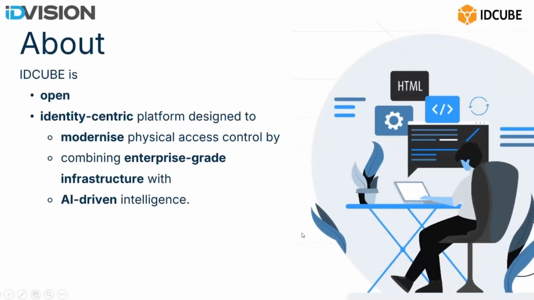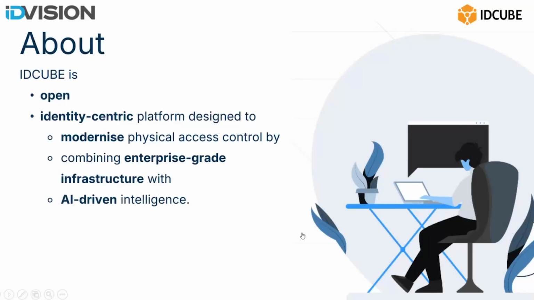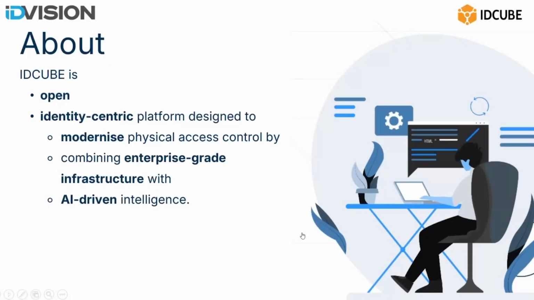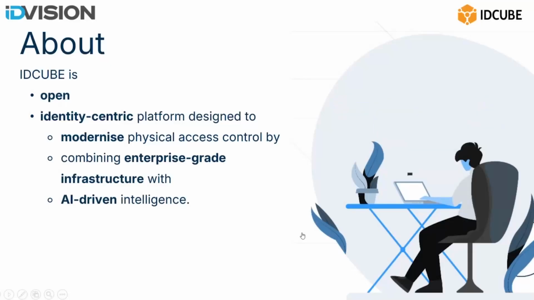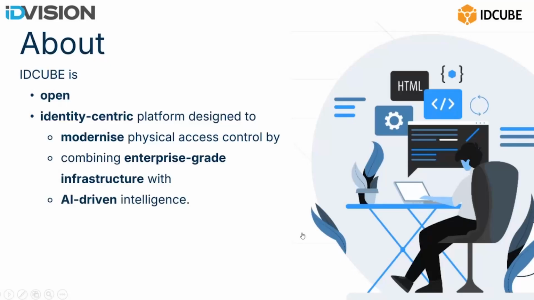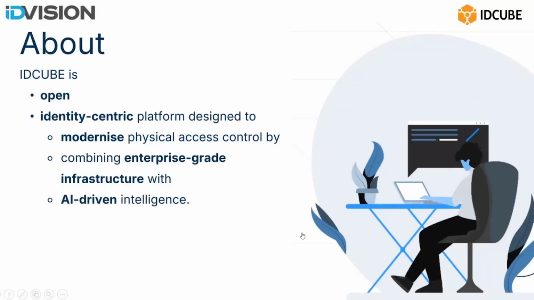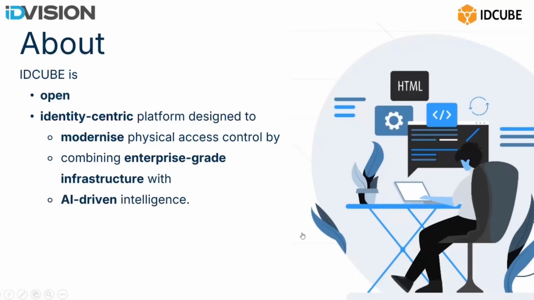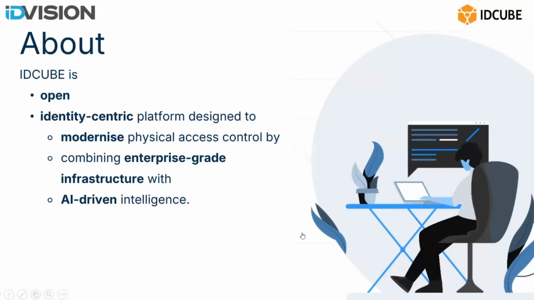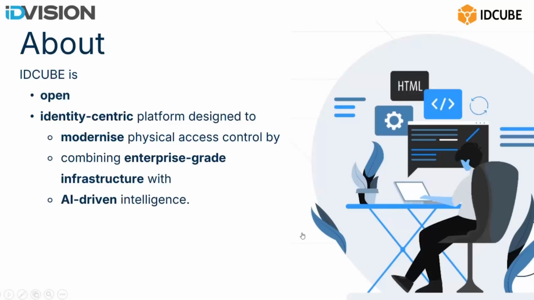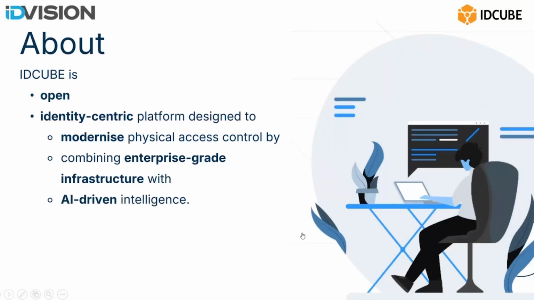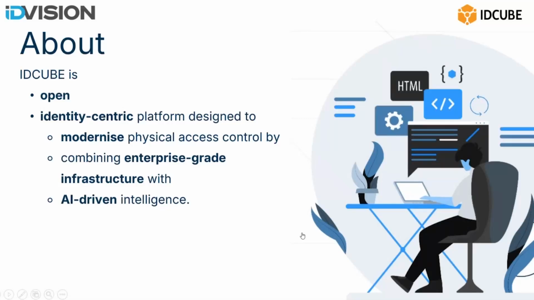So, who is IDCUBE and what is IDCUBE's platform? IDCUBE is an open, identity-centric, enterprise-grade access control platform. We say we are open because we work with various third-party devices and third-party systems like video management systems, BMS systems.